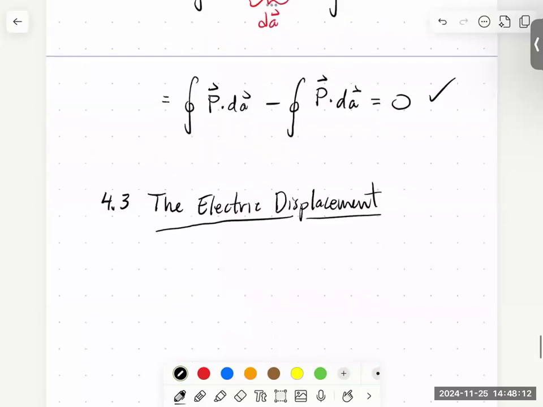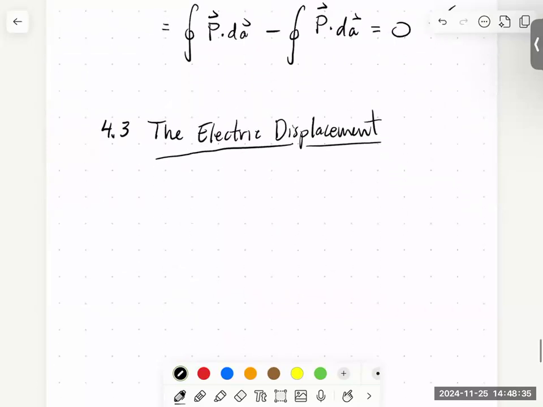Unfortunately, like we talked about displacement current the other day, this J_D, which was proportional to the derivative of the electric field with respect to time, we called that displacement current. It's not the same as this electric displacement. It's just an unfortunate set of terms.